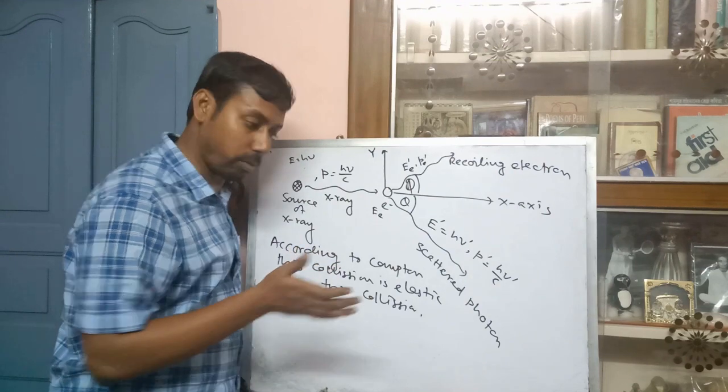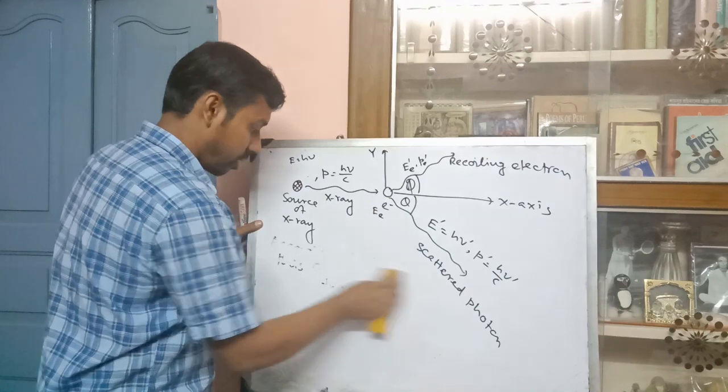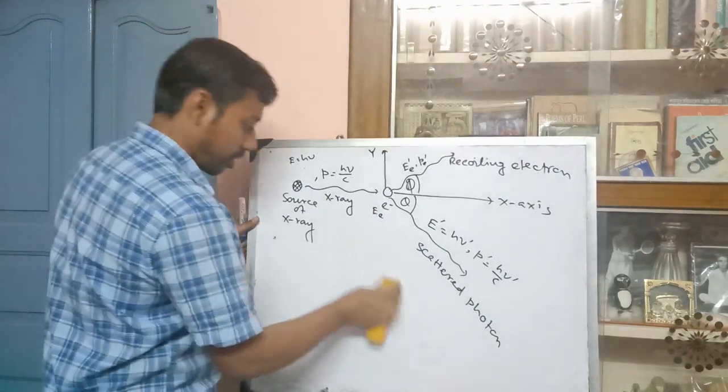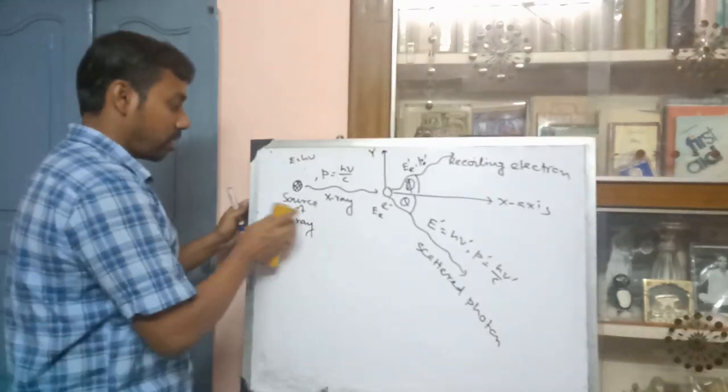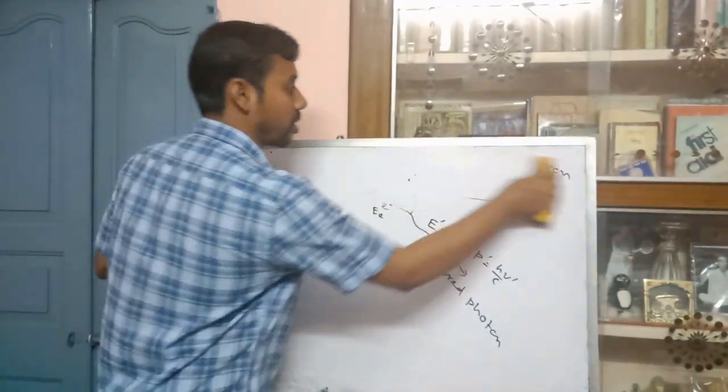What is an elastic type collision? We already explained this. Now let us explain all this phenomenon. As the space is too short, we have to erase all these things.